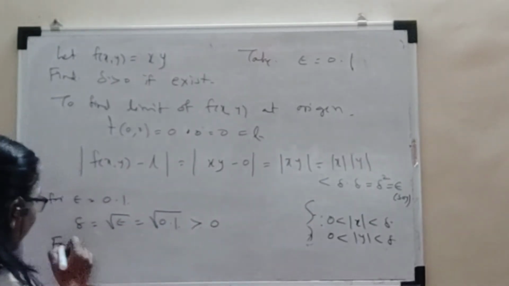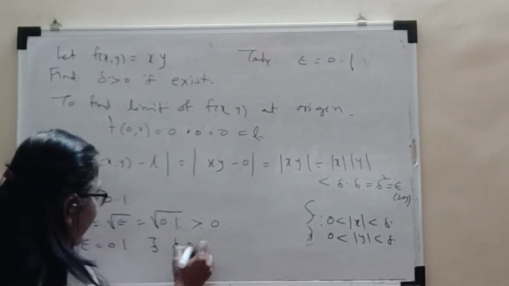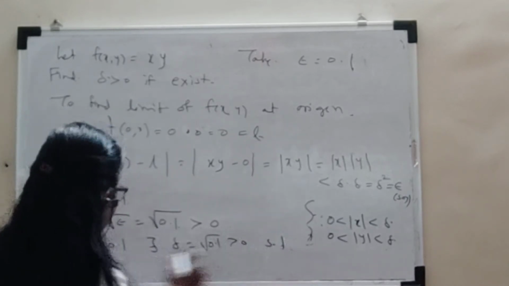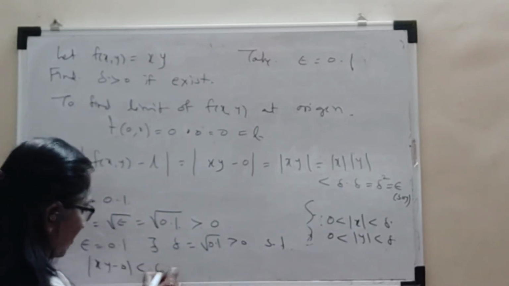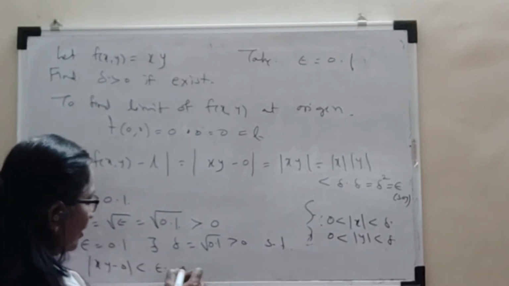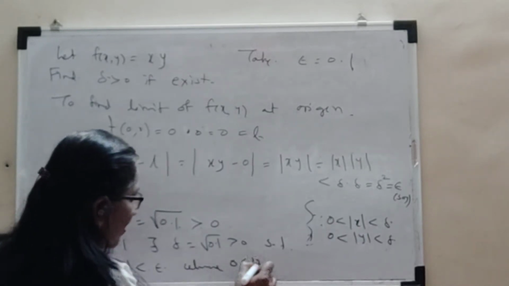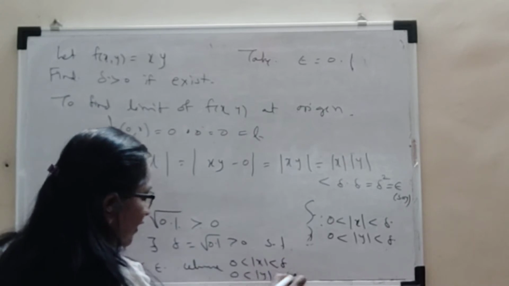So thus for epsilon is equal to 0.1, there exists delta is equal to square root of 0.1, which is greater than 0, such that the difference between xy and 0 is less than epsilon whenever 0 is less than mod x is less than delta, and 0 is less than mod y is less than delta.